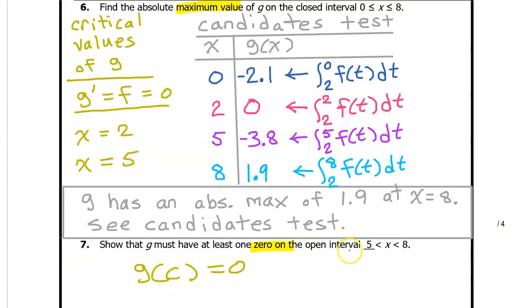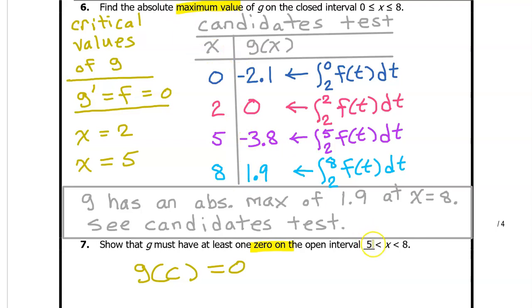In this case, we are trying to guarantee that the function g will equal 0 somewhere. For the intermediate value theorem to apply, we need to have a value of g that is below 0 and a value of g that is above 0. Well, look back at our candidates test where we came up with a bunch of values of g.